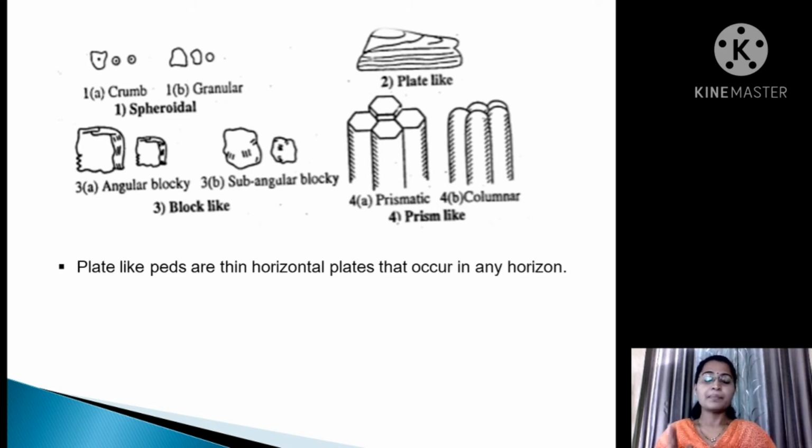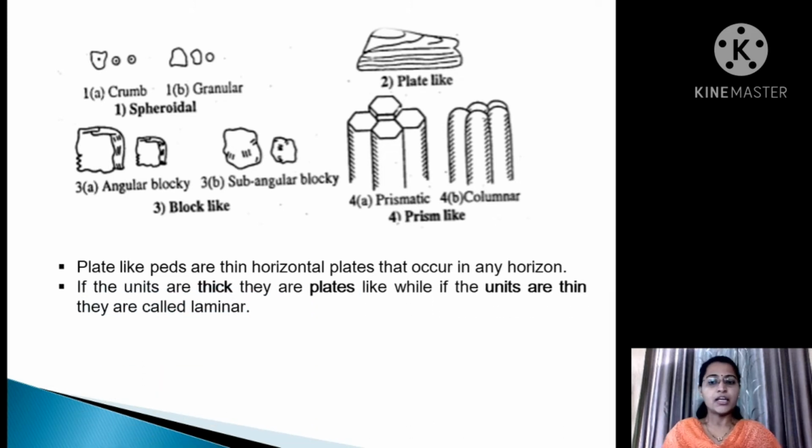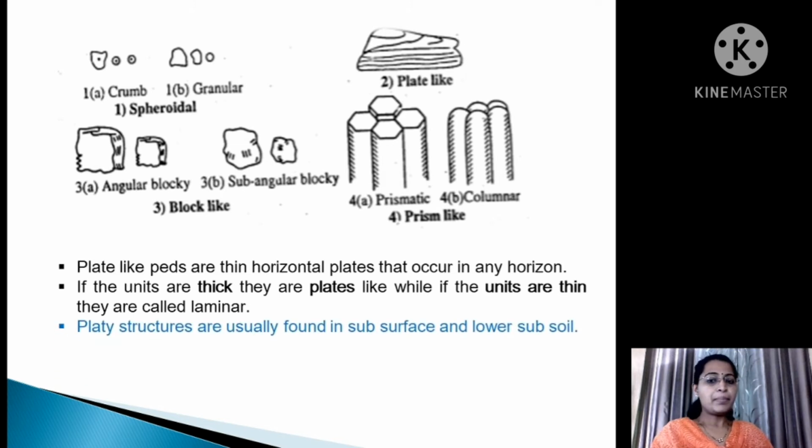A horizon, B horizon and C horizon. If the units are thick, they are plate-like, while if the units are thin, they are called laminar. Plate structures are usually found in surface soil and lower subsoil.